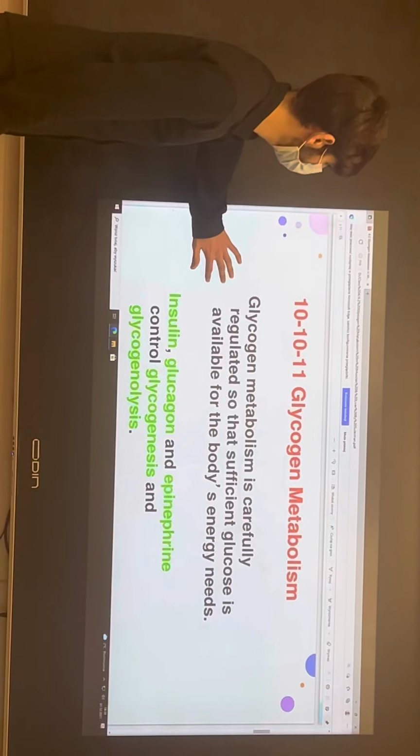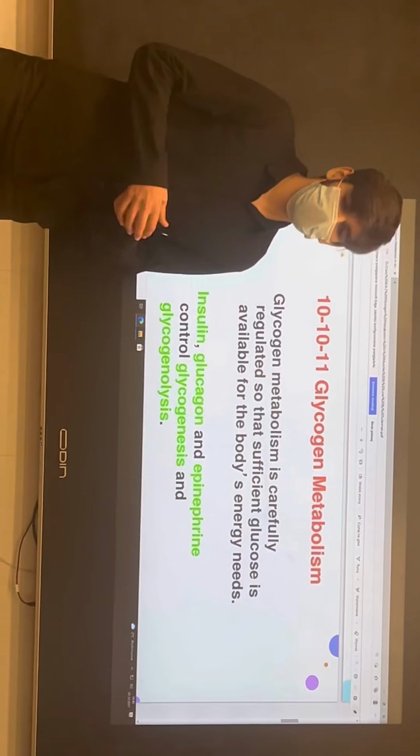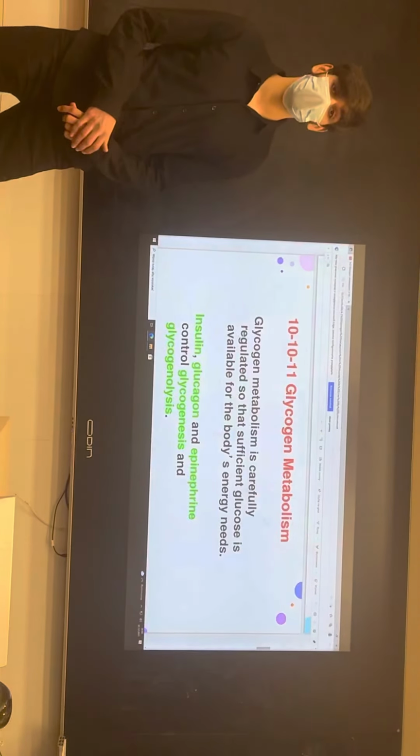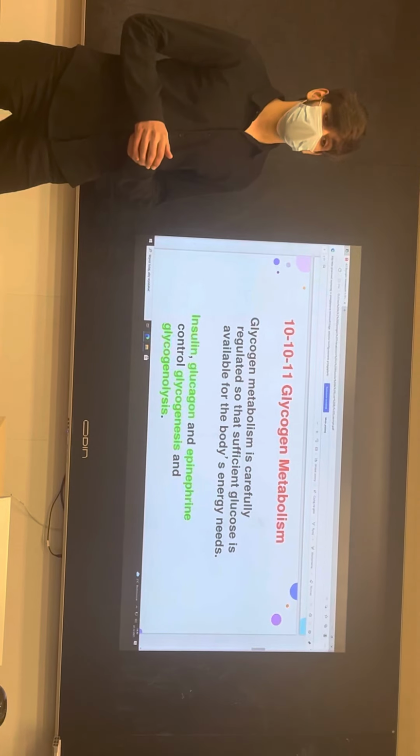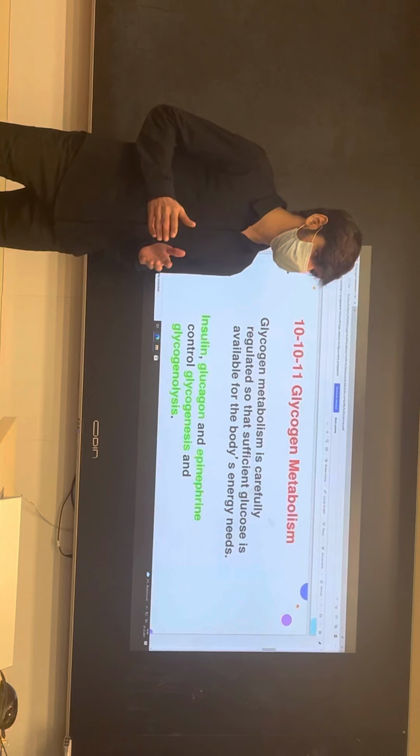Okay, so about glycogen metabolism. When we're doing glycogen metabolism, we have to make sure that we are regulating it carefully, so that we can have sufficient glucose for the body's energy needs.